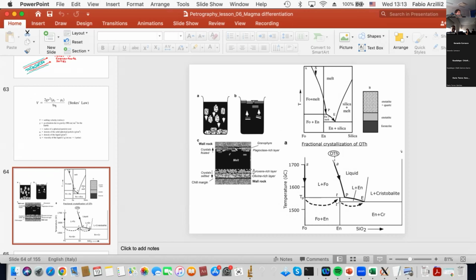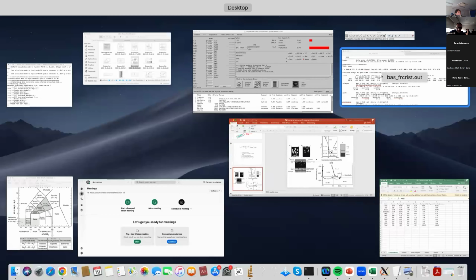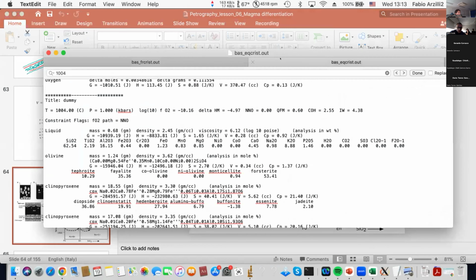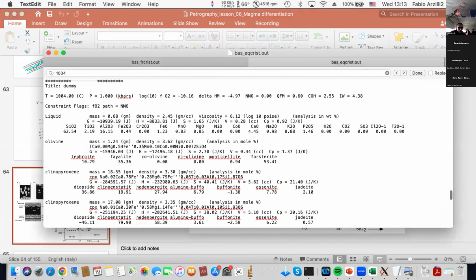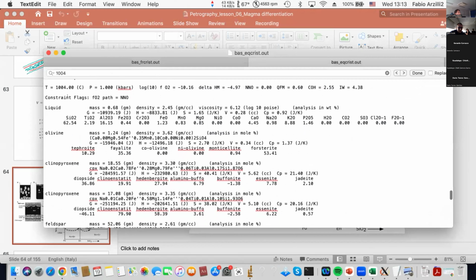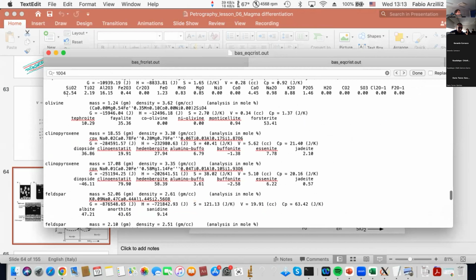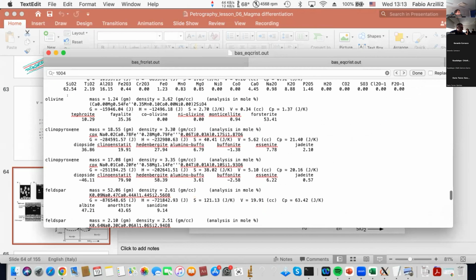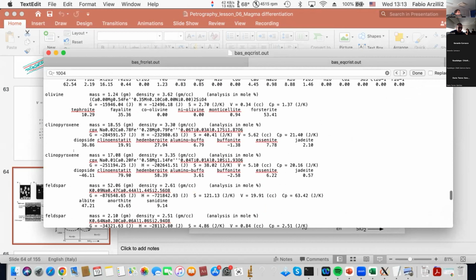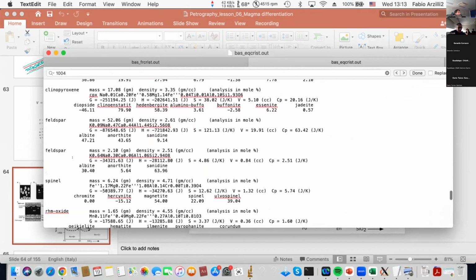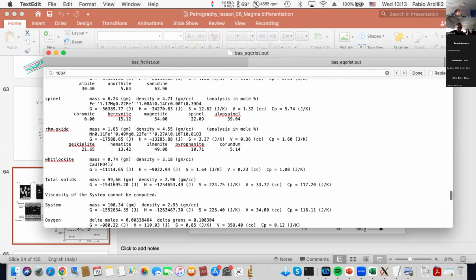If you, for instance, with equilibrium crystallization at 1000 degrees Celsius, more or less, we reach the solidus. So basically, we form an intrusive rock with olivine, clinopyroxene, and plagioclase. Okay, so 100% solid here.